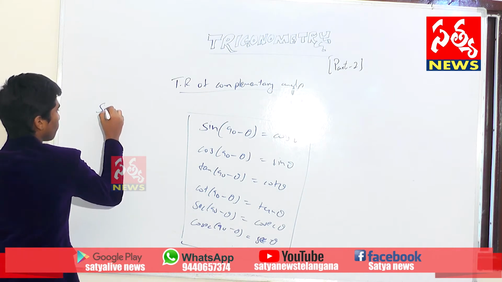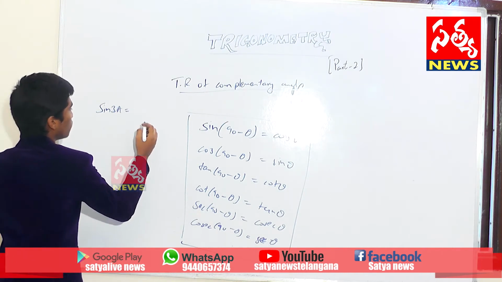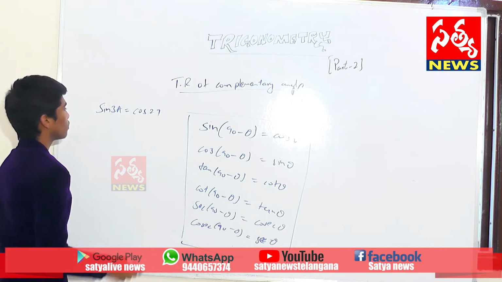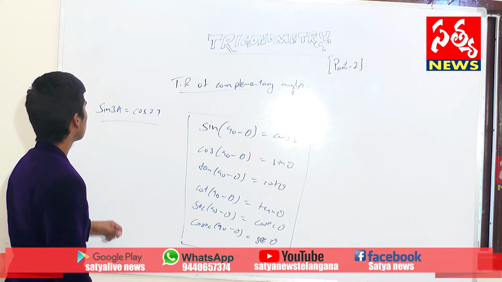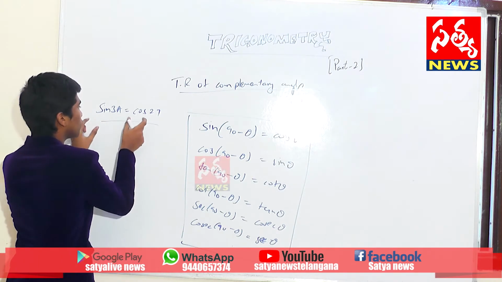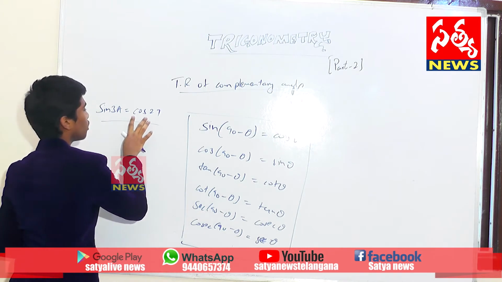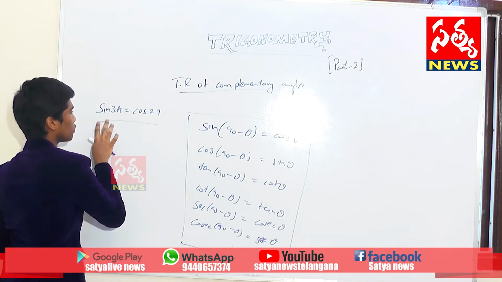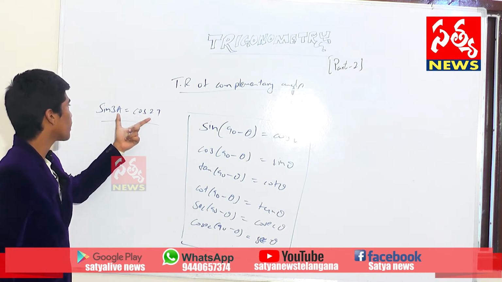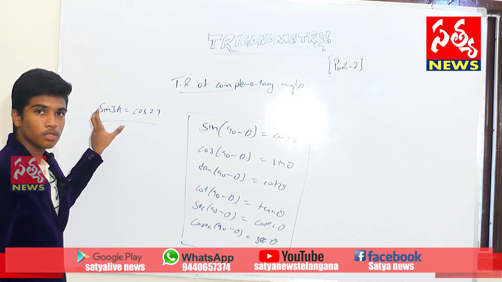Sin 3A is equals to cos 27 is a question given to us. Before comparing the angles, we have to see that the trigonometric ratios are same or not. We should compare the angles only if the trigonometric ratios are same.